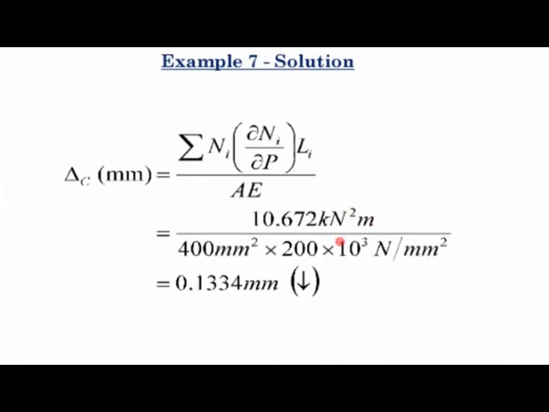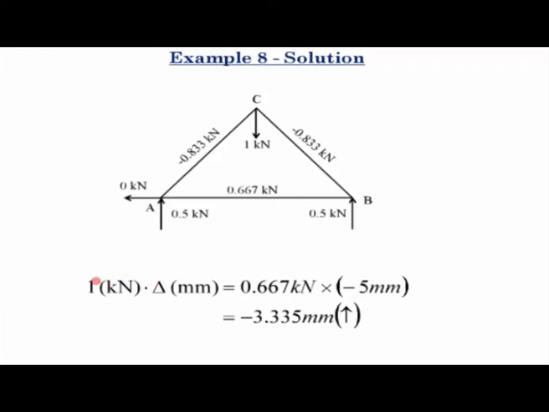So that Newton and Newton will cancel out and you will be left with millimeters on both sides. Because the unit load is unity, sometimes we neglect it, but don't forget to consider the unit. If you take that into account on both sides, you will be left with millimeters.